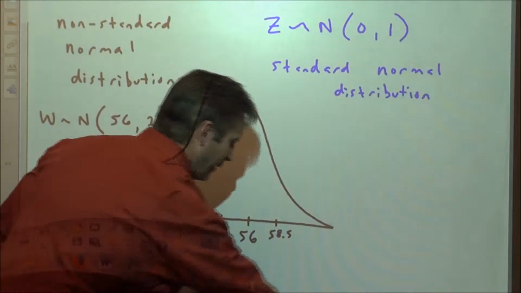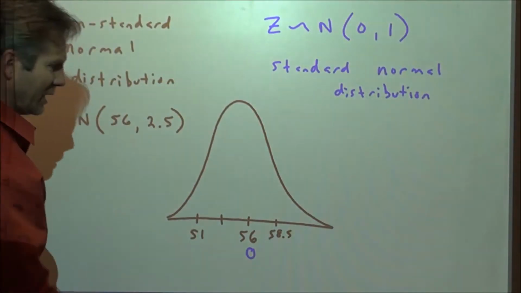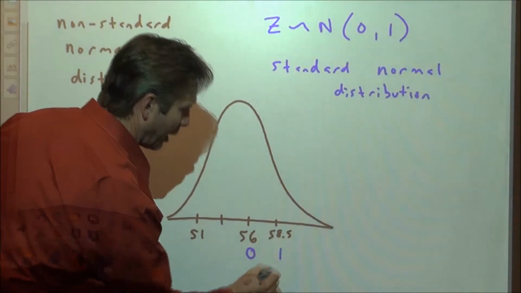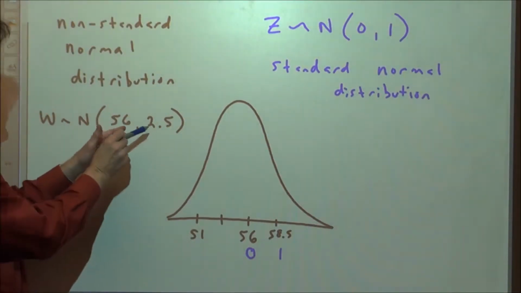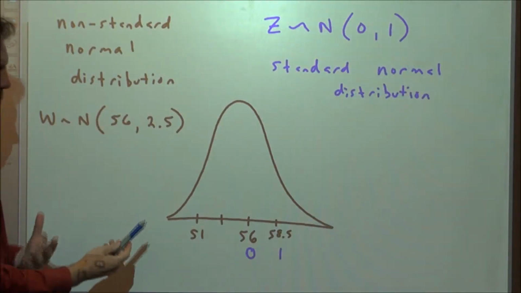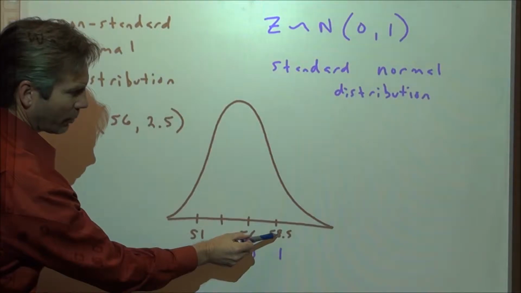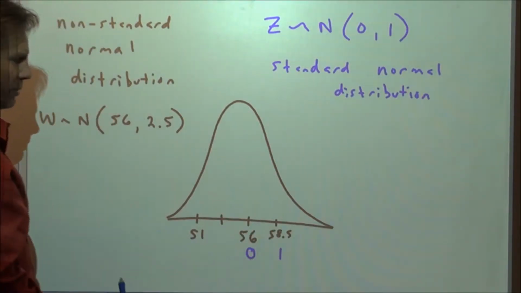So as far as its z-score, it is 0 standard deviations away from the mean. If we have a z-score of 1, it means we're 1 standard deviation away from the mean. And certainly if we add 1 standard deviation, 2.5 inches, to the mean height, we get 58.5 inches. So any woman who is 58.5 inches tall is 1 standard deviation away from the mean.